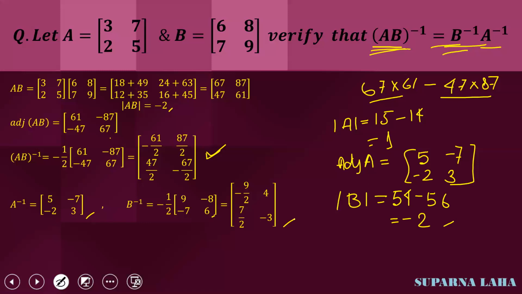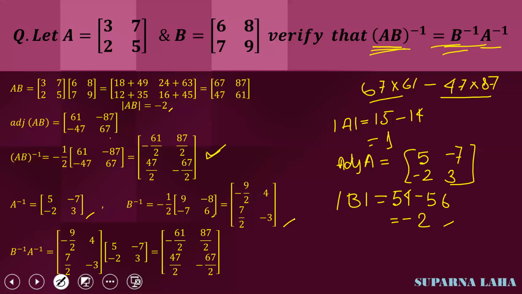So here it is. Now just multiply B inverse with A inverse. Firstly write down B inverse and then A inverse, and then multiply. You know the rules for multiplication, just row with column. Now look at this matrix: minus 61 upon 2, 87 by 2, 47 by 2, minus 67 by 2.